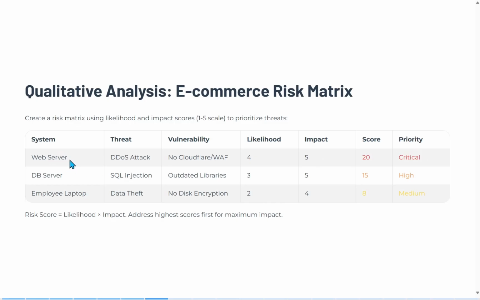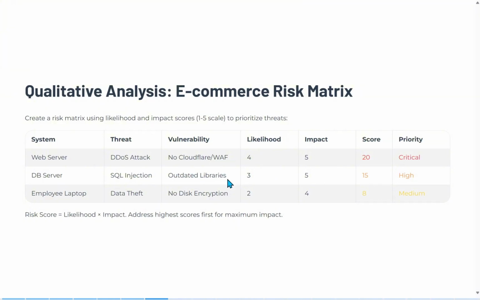So here now we have another system, which is the database server. The threat the database is prone to is SQL injection attack. Why? Because the vulnerability here is an outdated library. If you don't update your library, then SQL injection attack is bound to happen.